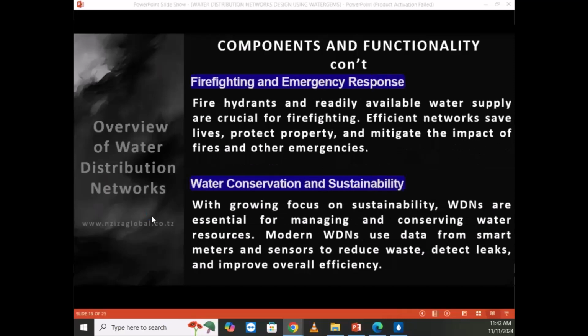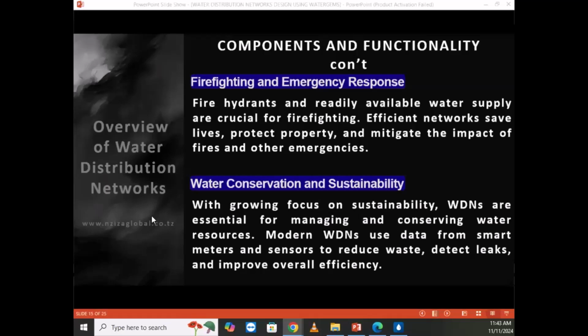Firefighting and emergency. By designing your water distribution systems with firefighting and emergency in mind, it will also be good for saving lives in crucial emergencies.